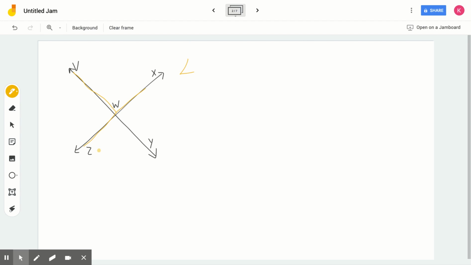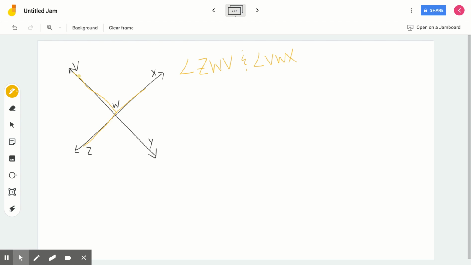So we could say maybe ZWV. We always start at one side, go to the center, and then go to the other side. ZWV is adjacent to VWX. Now, common side, shared vertex.